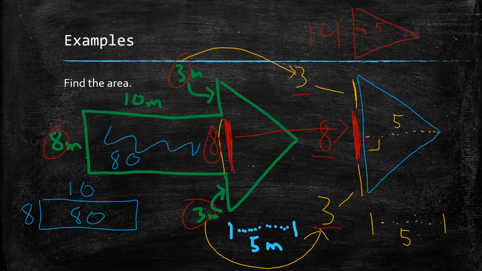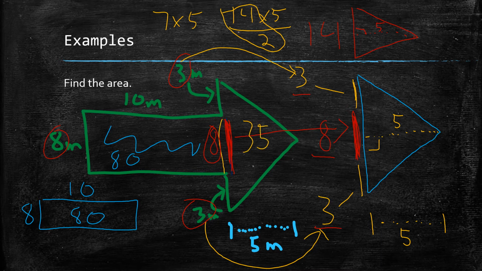So the base times height is 14 times 5, and I have to divide that by 2. 14 divided by 2 is 7. 7 times 5 equals 35 for my answer.